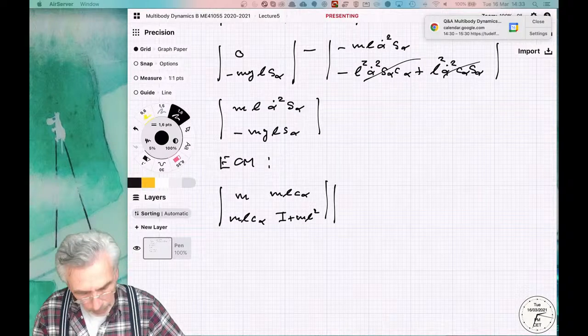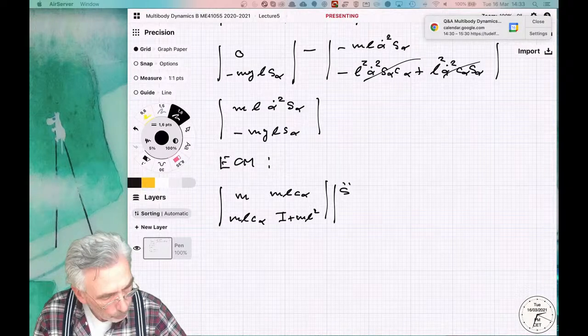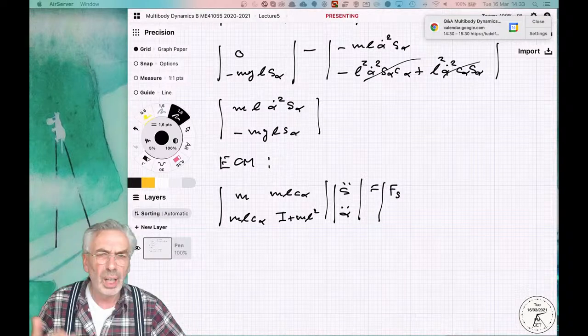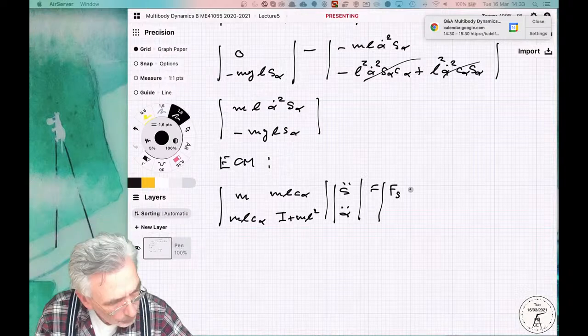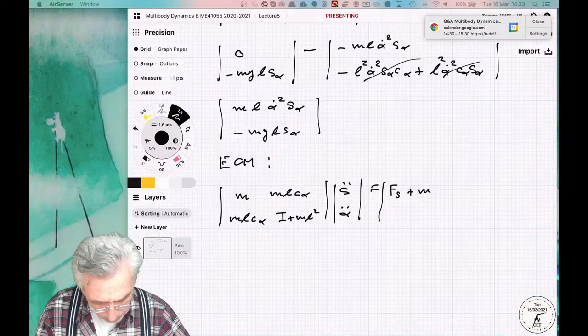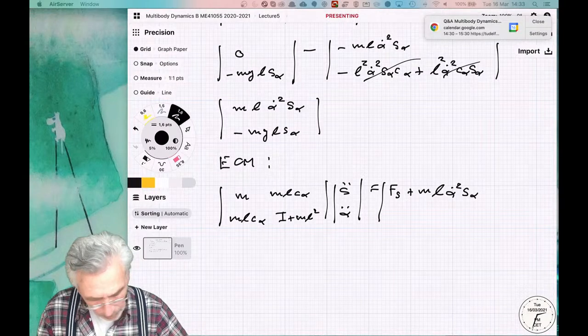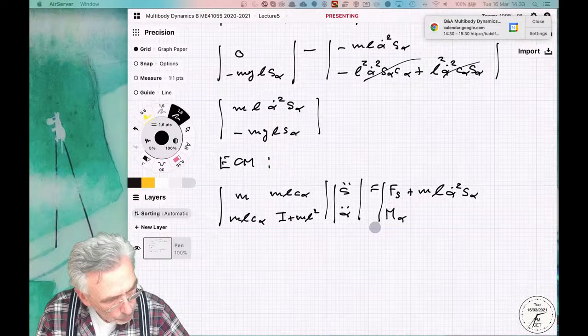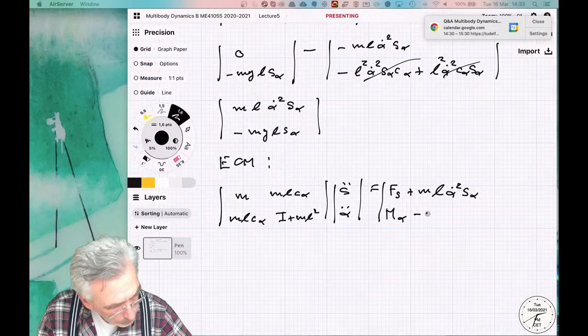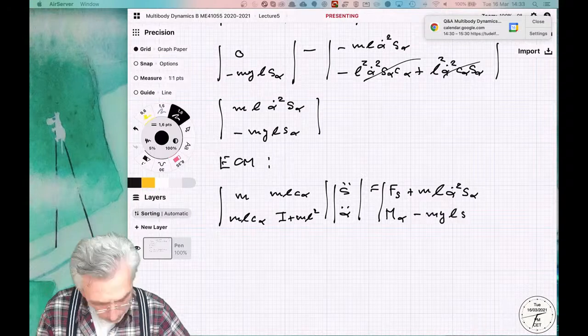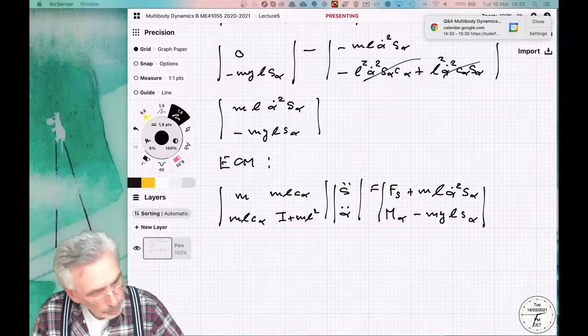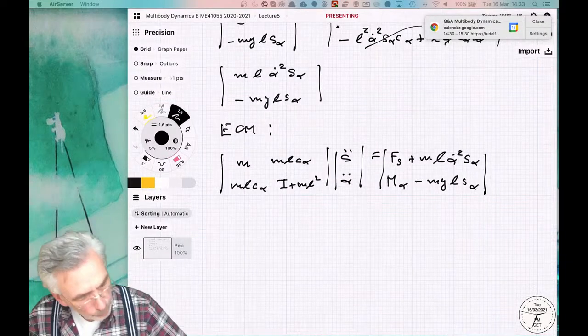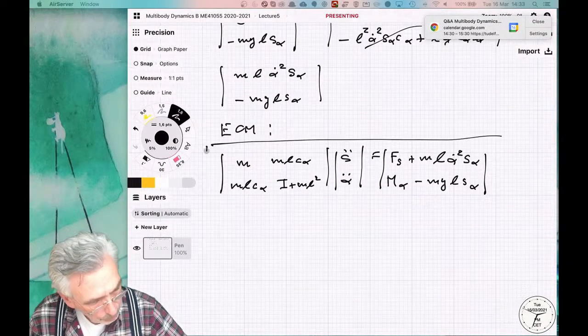Then here we get s double dot, alpha double dot, and then on the right hand side, although it's 0, I like to write F_s there, because then we can easily discuss m alpha dot squared sine alpha, and then here m alpha, the dual, actually we call it a dual with the alpha, and then minus mgl, that's also a sine alpha. Okay, let's now focus on this equation of motion.